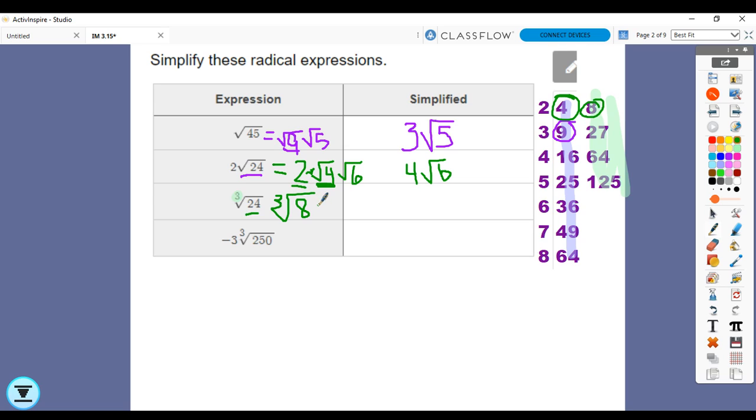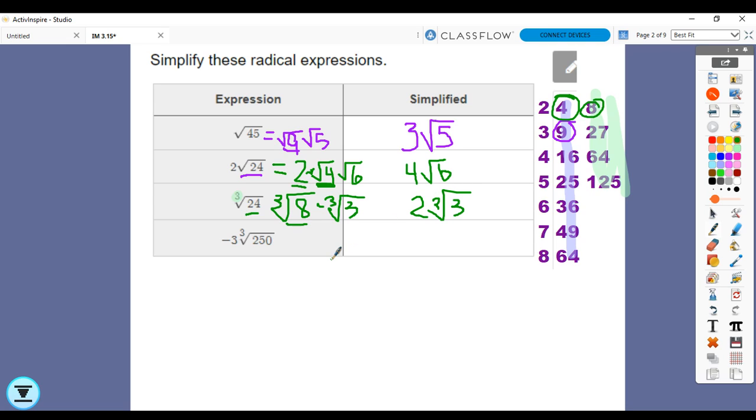So the cube root of 8 times the cube root of 3, because this number comes from the cube column, and 8 times 3 makes 24. The cube root of 8 is 2, and you can't take the cube root of 3, so it just stays the cube root of 3. Making sure you always keep that cube root inside the corner there.